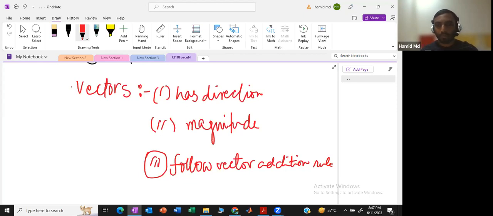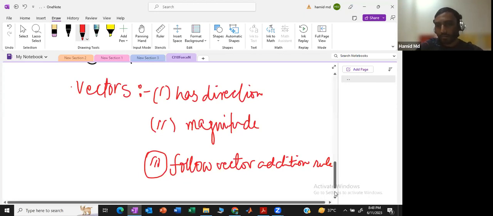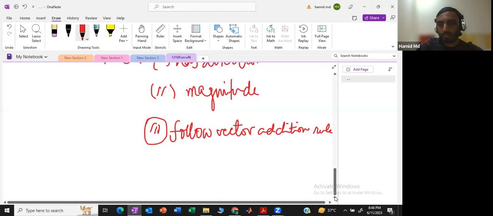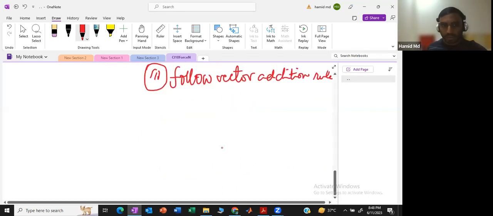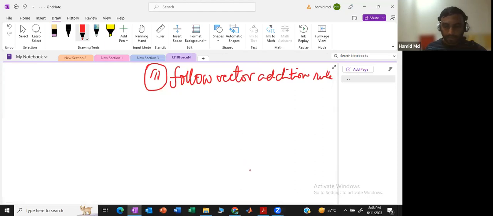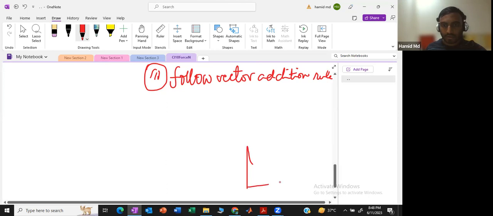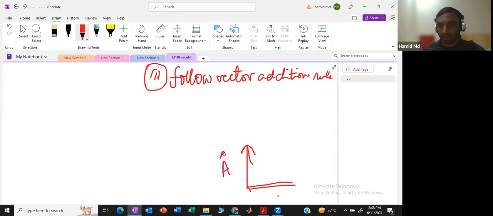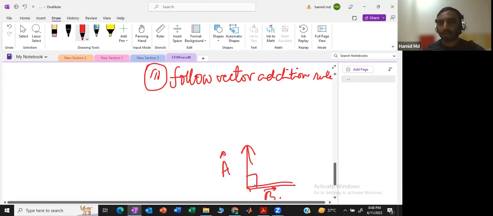Okay, let me give you a little bit of explanation. Suppose this is your right angle triangle. This is vector A, and this is vector B. This is the simplest right angle triangle.